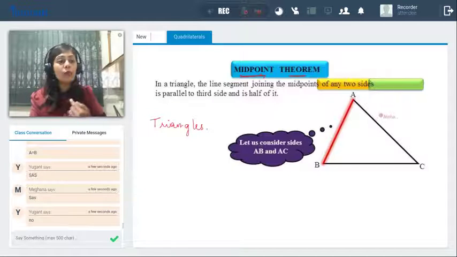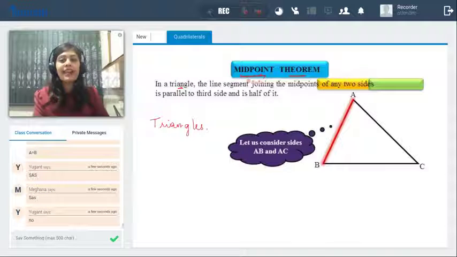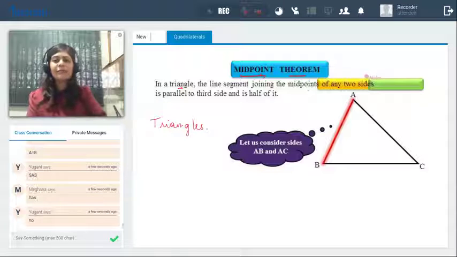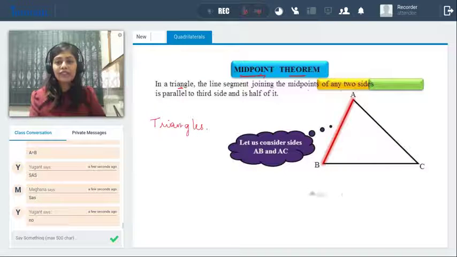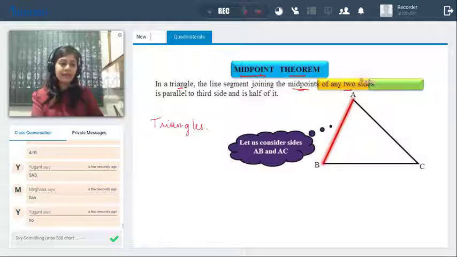Now let's quickly observe what this midpoint theorem says. In a triangle, we have midpoints of any two sides.